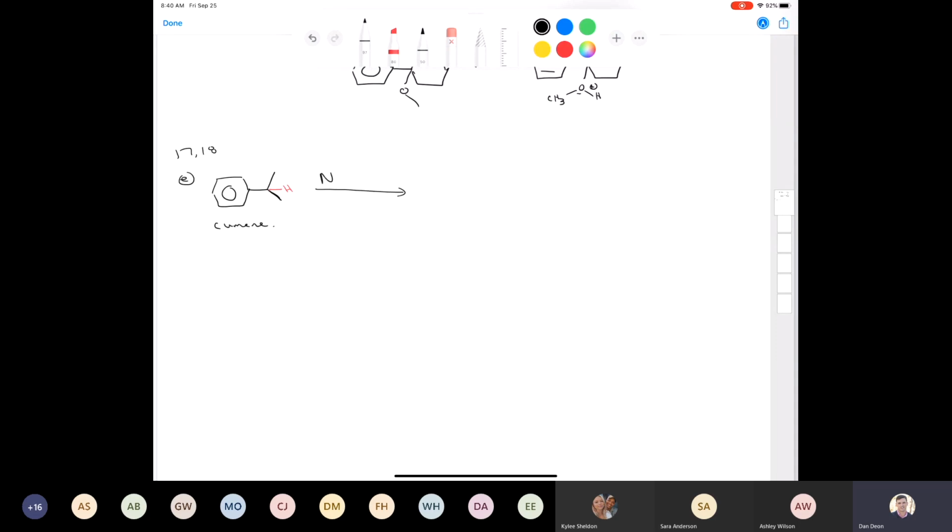So our only option is to treat it with NBS and heat. Then we're going to have this compound right here. There we go. Now, in terms of the ketone, if I think of the final product, which is acetophenone, some of you might not remember this reaction that well, but think about it retrosynthetically.